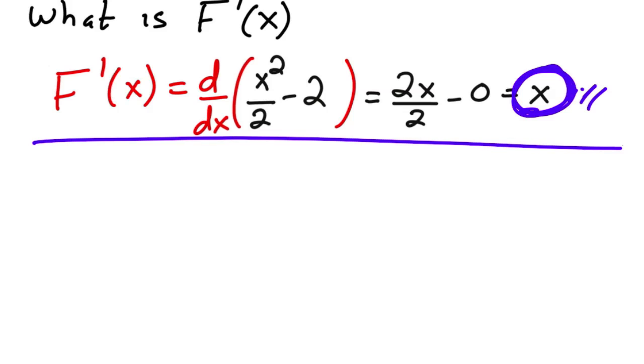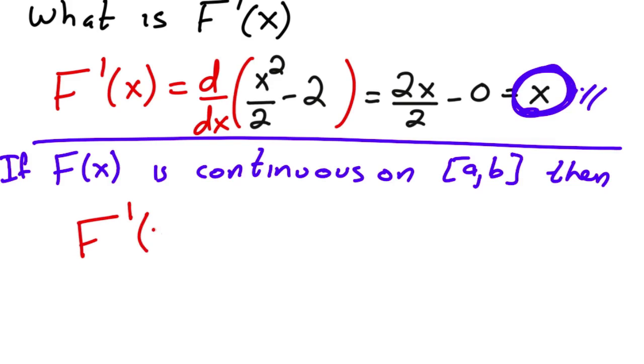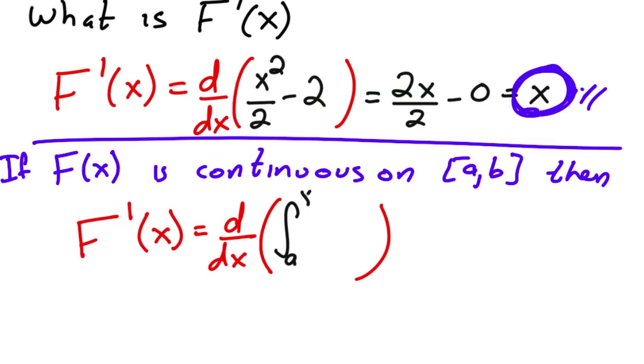The second part is that if little f of x is continuous on the closed interval from a to b, then capital F prime of x, which is the same as saying the derivative of the integral from a to x of f of t dt.